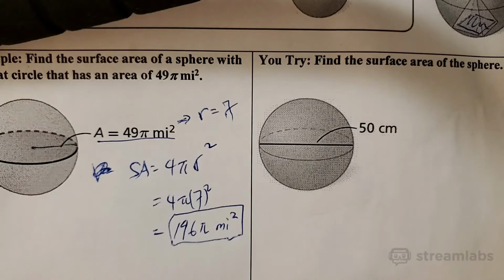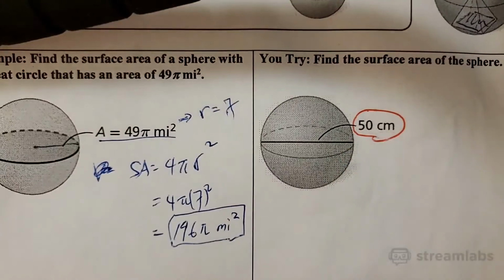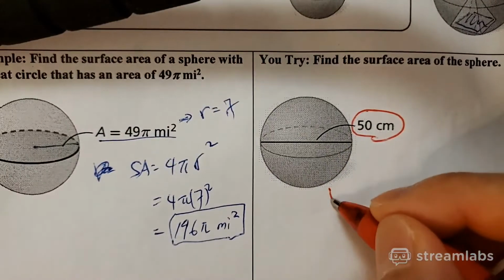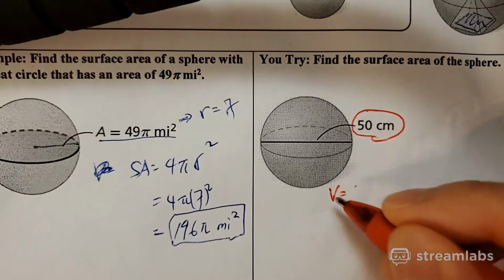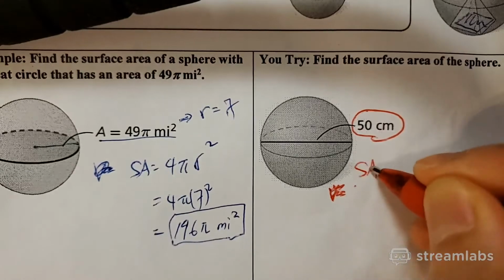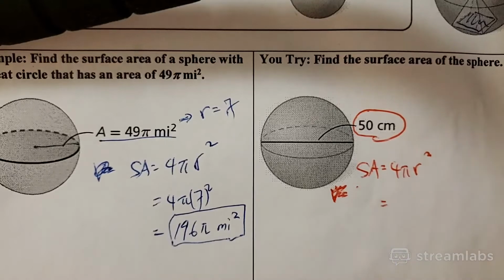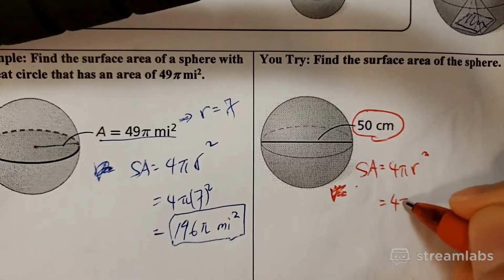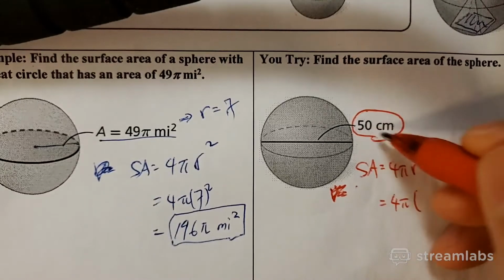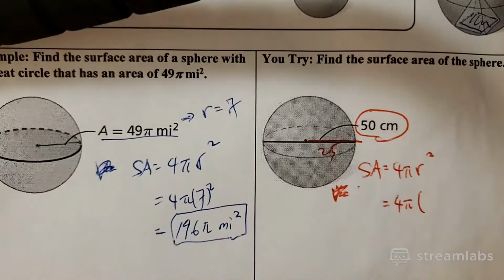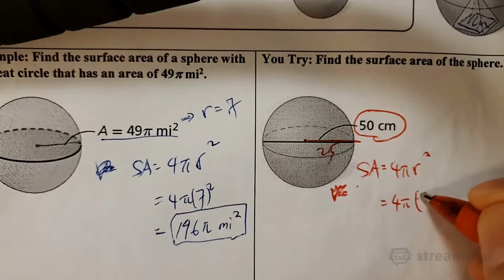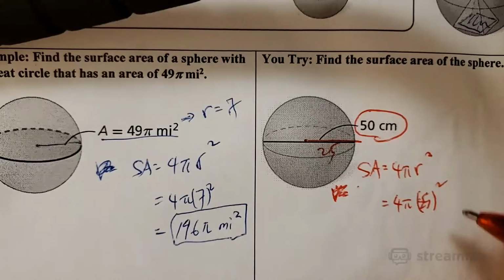You don't have to try the right side because we'll just do it together. 50 centimeters. What is the radius? Because once again, why do I keep putting volume? Surface area is 4 pi r squared, right? So 4 pi, this one will be 50, so 25, right? Half of it, so it'll be 25 squared.